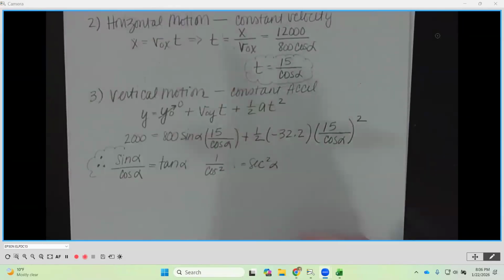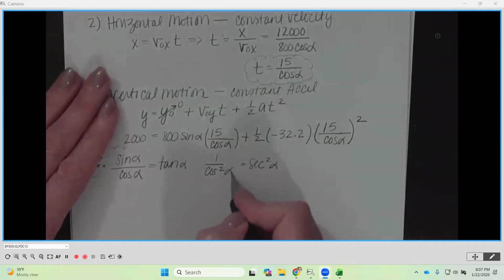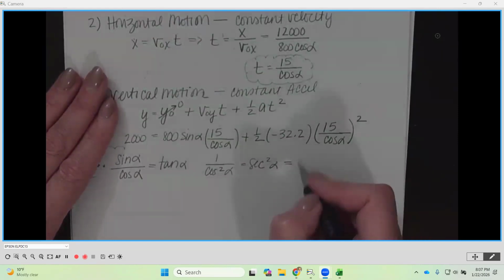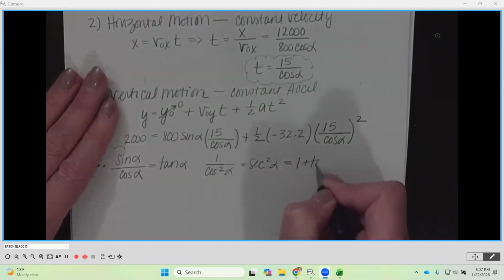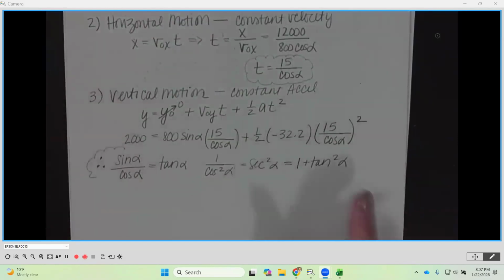And a secant squared alpha is a 1 plus tan squared alpha. Okay. Now, I don't remember these because I don't visit them quite that often. So like I said, it's always okay to look back or look at a resource and make sure that you got the right thing.